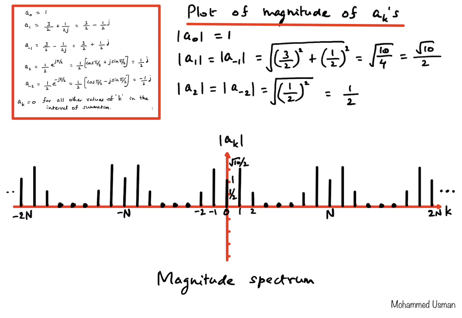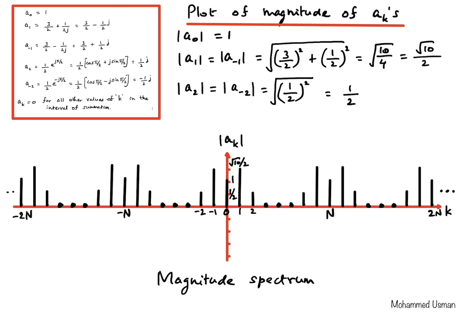Now we can plot the magnitudes of these Fourier coefficients, AKs. We have k on the x-axis and the magnitude of ak on the y-axis. For k equal to 0, we have a magnitude of 1, so that's a height of 1. For k equal to 1 and minus 1, the magnitude is root 10 by 2.